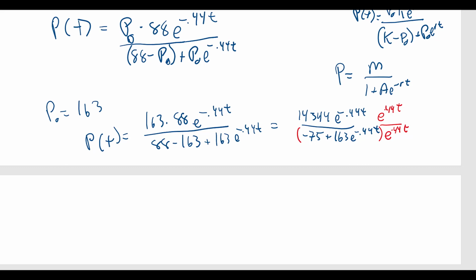So we end up with our P of t being 14344 divided by, so this 163 e to the negative 0.44t gets multiplied by e to the 0.44t, so that cancels. We're left with 163, and then we have minus 75 times e to the 0.44t. And so this gets us into this formula now.